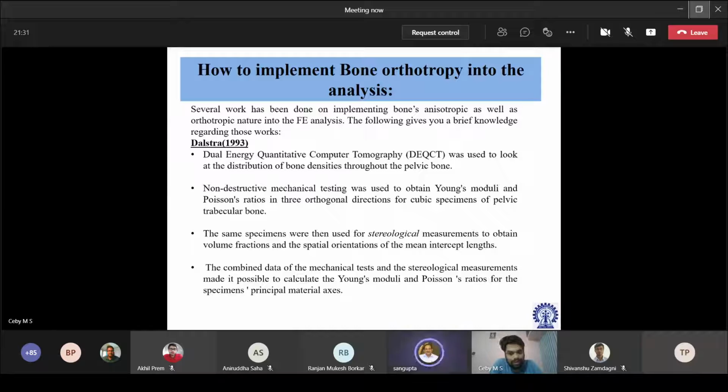Once he got the Young's modulus, the next thing is to get the principal directions. To get the principal directions, he carried out stereological measurements, which estimate 3D measurements using 2D sampling. It's more like projections. 3D has a projection into 2D, and you take the estimates of 3D measurements using the 2D sample.